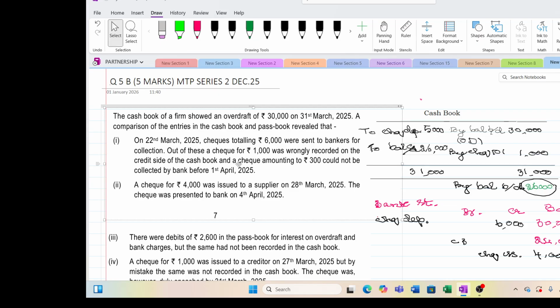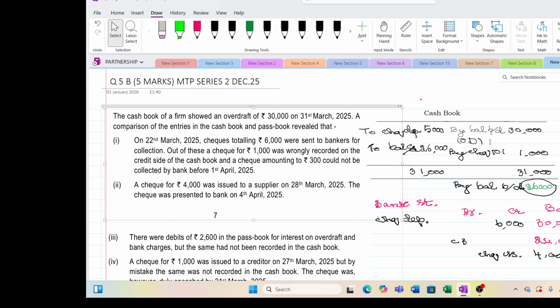Whenever you write anything on the credit side of the cash book, in case of overdraft, it will increase the overdraft. Actually, they are depositing some money in the form of check. But whenever you deposit some amount, your loan has to come down. But they made a mistake of recording it on the wrong side.